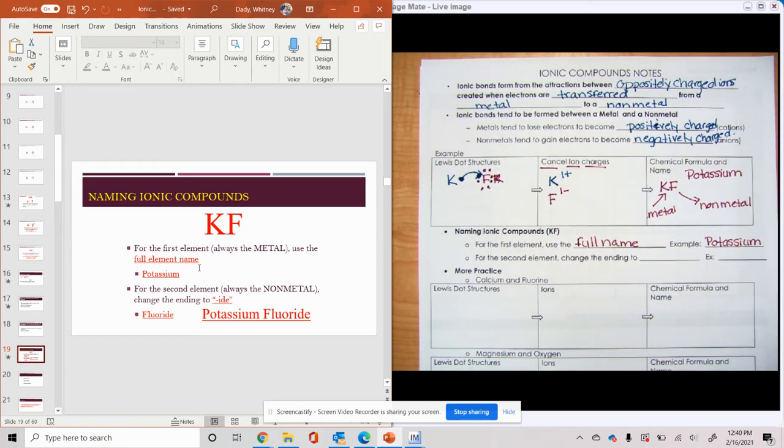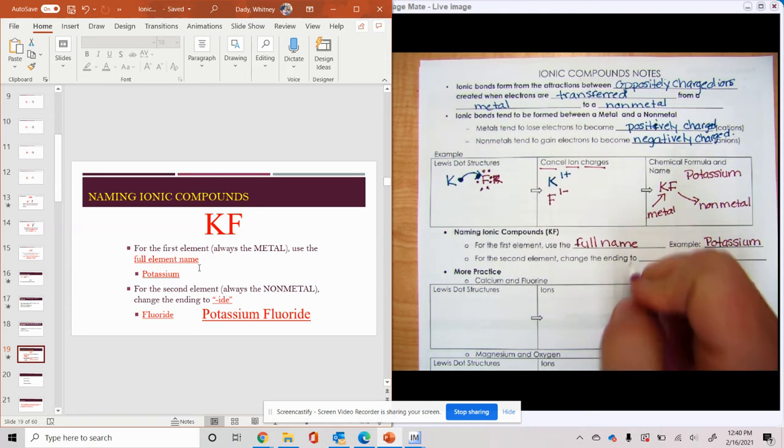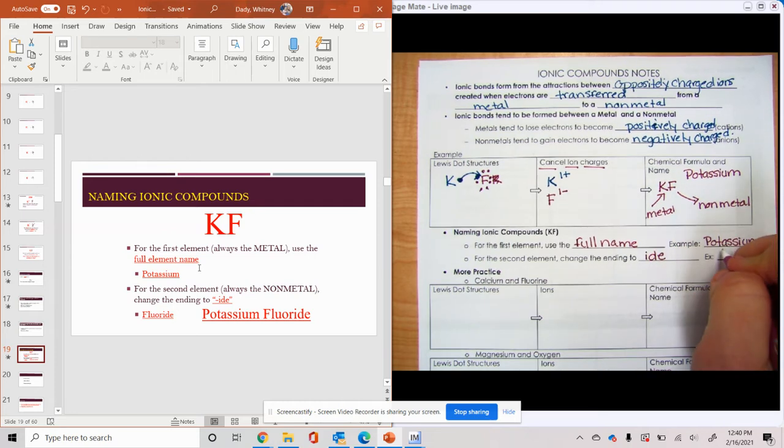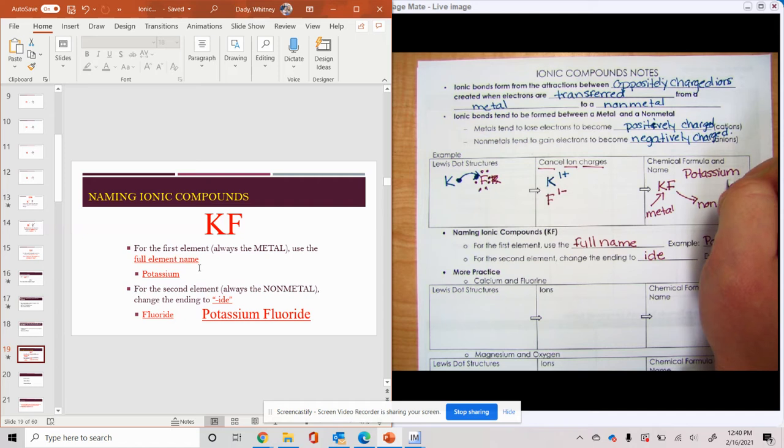For the second element, which is going to be your nonmetal, change the ending to -ide. Example, fluoride. So the name of this compound is potassium fluoride.